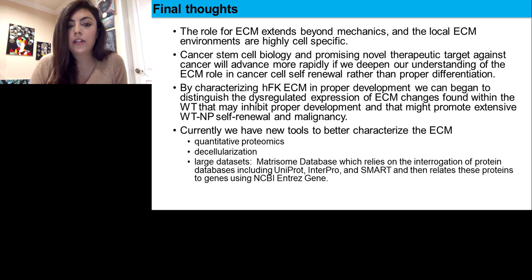And we could do this by looking at the human fetal kidney nephron progenitors and comparing to the Wilms tumor nephron progenitors. So currently, we are lucky to have new tools and new technologies constantly. We could characterize the extracellular matrix in different ways, such as quantitative proteomics. We could do decellularization. And we also have large data sets now that we could rely on and identify what the extracellular matrix composition should be for each organ.